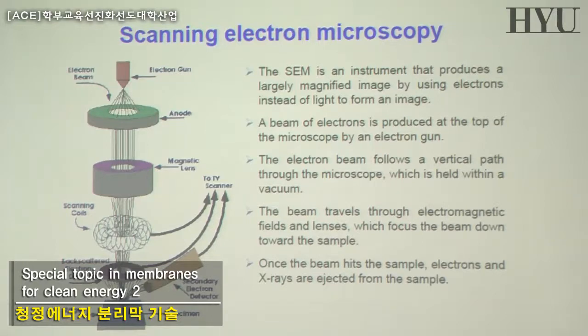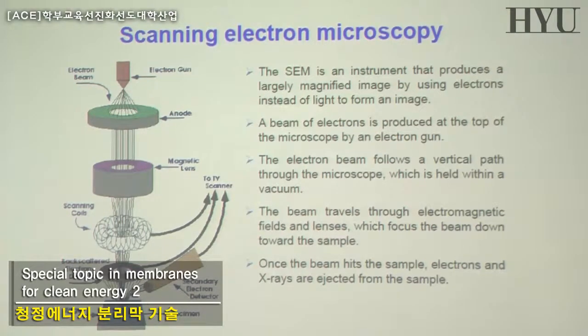Later, you can take a look at the transmission electron microscope. Instead of scanning, we have the TEM. The TEM transmits a much stronger electron beam, so that you get a transmitted image of the membrane, and a much smaller resolution size can be detected. Anyway, using the scanning electron microscope, we measure the image of the surface of the membrane.